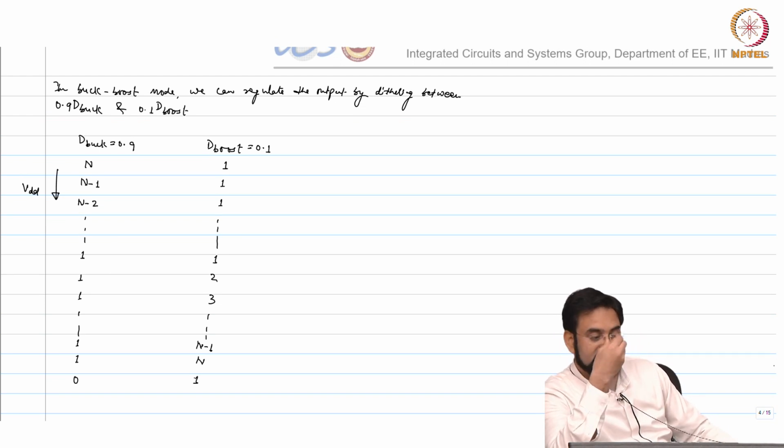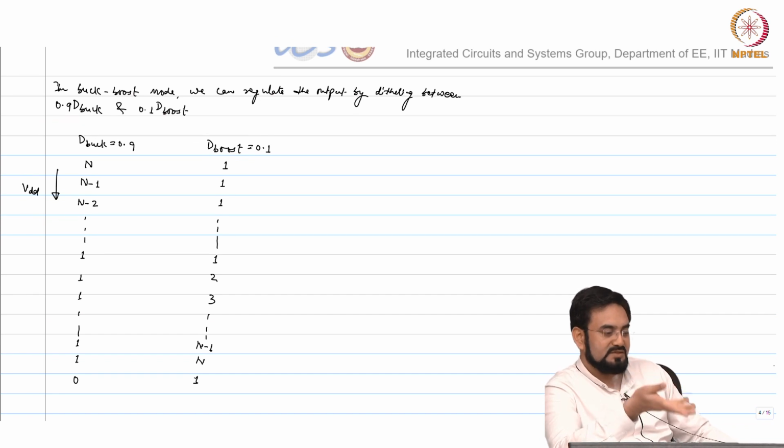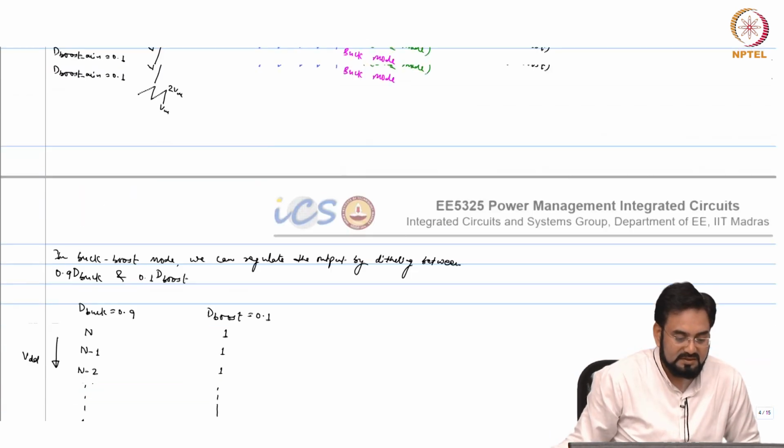So who will control this n? How will you generate this code? You need a digital number, this code is digital. So there are two ways.